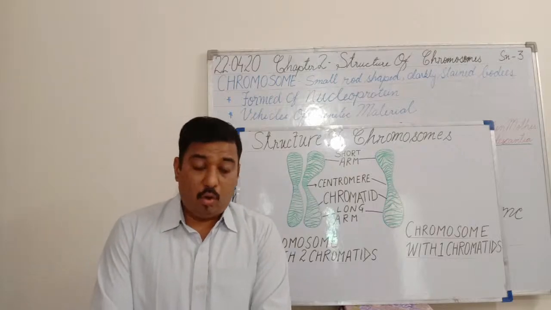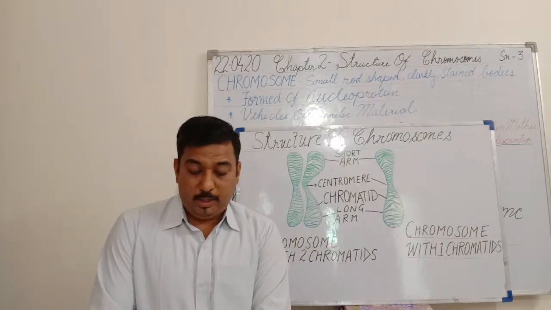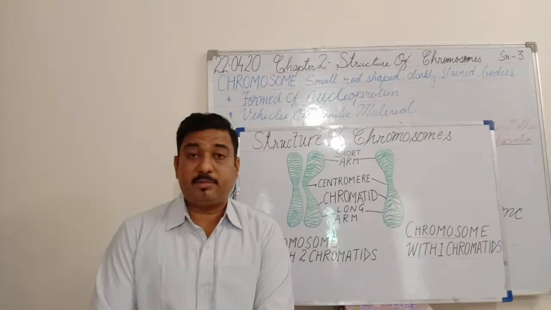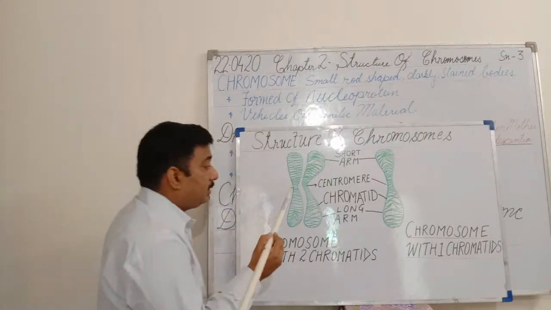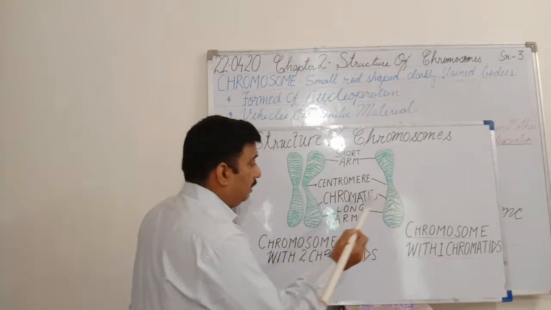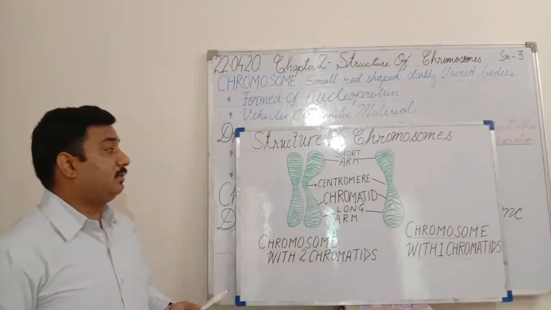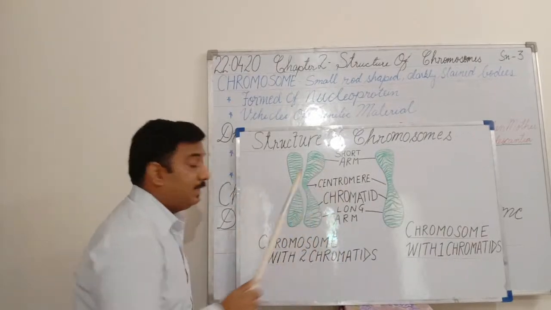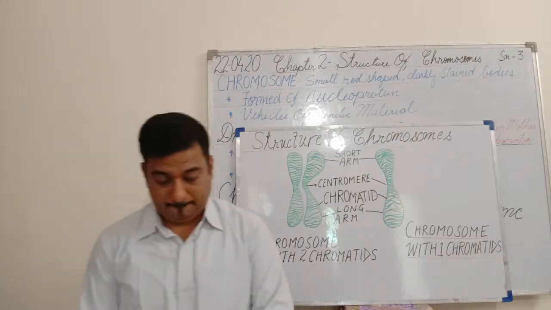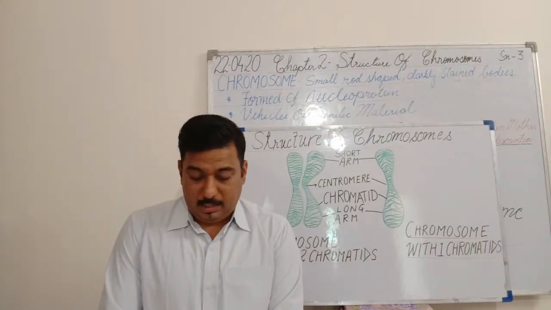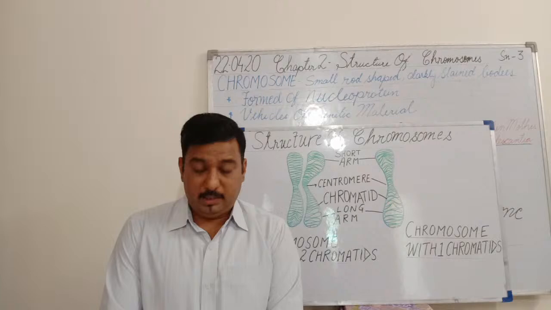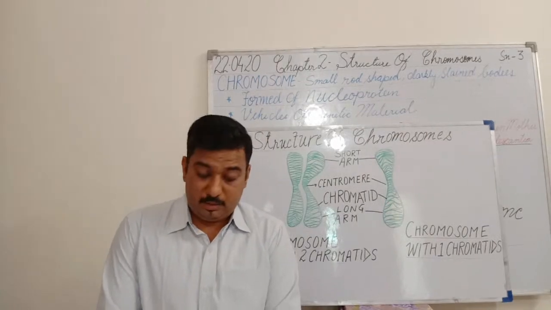It consists of two chromatids joined at some narrow constricted portion. Can you see this narrow constricted portion? This narrow constricted portion is termed the centromere. This is marked as the centromere. You know what the other name of the centromere is?